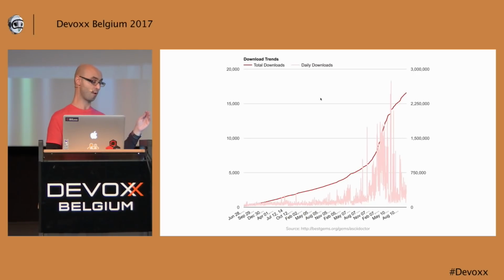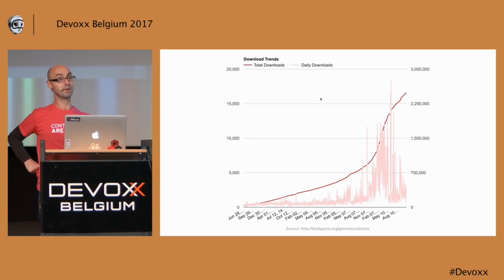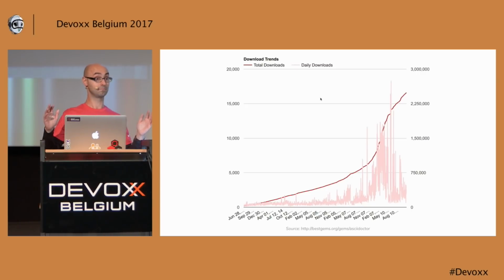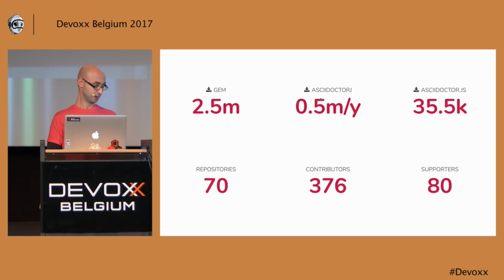Every month there are more and more people moving to AsciiDoc. And as I mentioned, all the ecosystem, the JavaScript, the Java, and the Gem, which is the Ruby implementation, is improving year by year and improving these downloads.